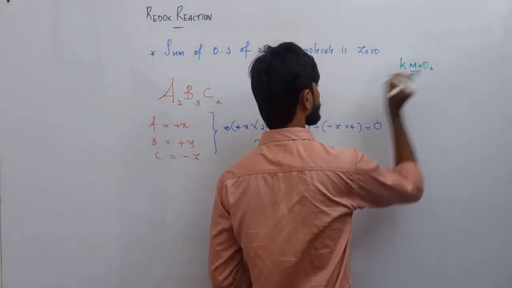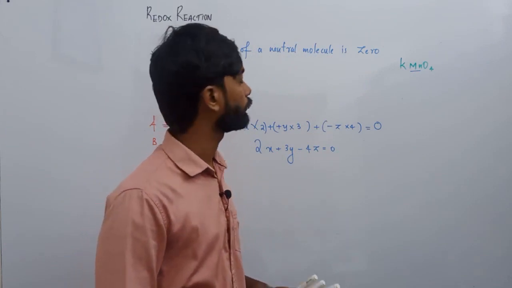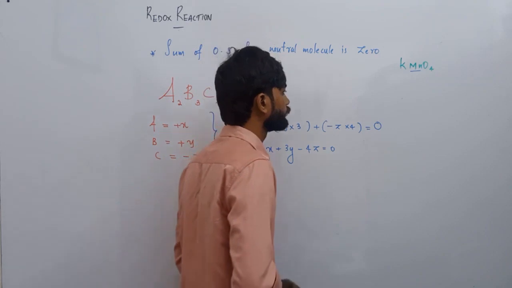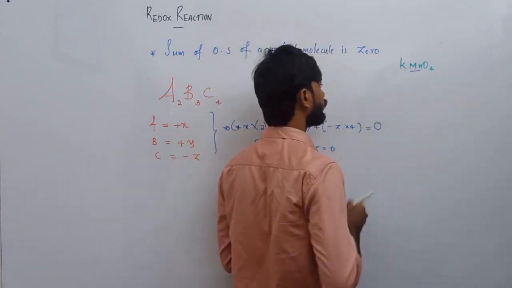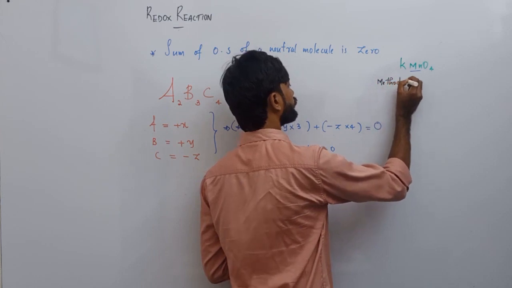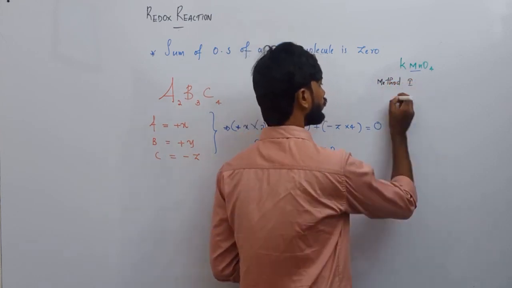Let's find the oxidation state of Mn in KMnO4. There are two methods, and you have to know both. Method number 1, the usual method.